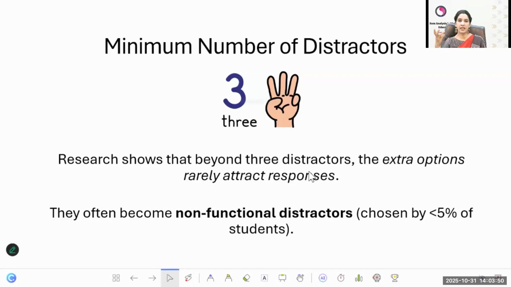So let's define it again. If any distractor is chosen by less than 5% of the test takers, it is a non-functional distractor. That means, how do we define a functional distractor? Any distractor which has been chosen by more than 5% of the students is known as a functional distractor.